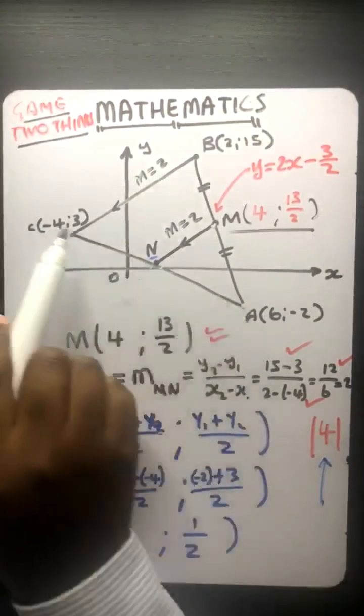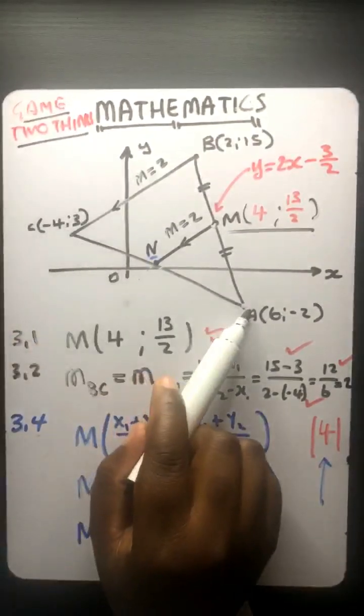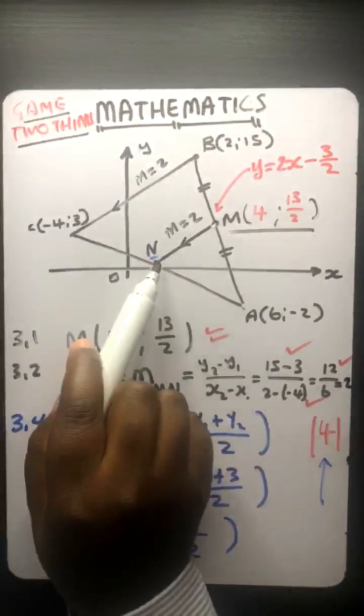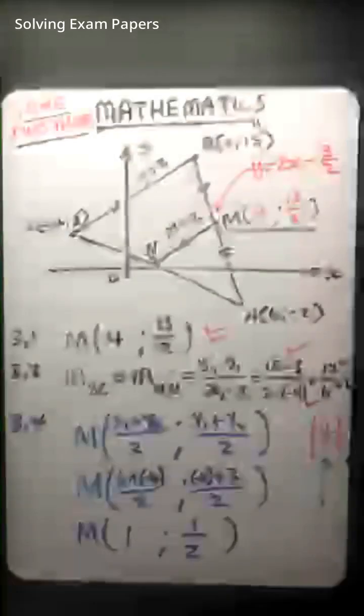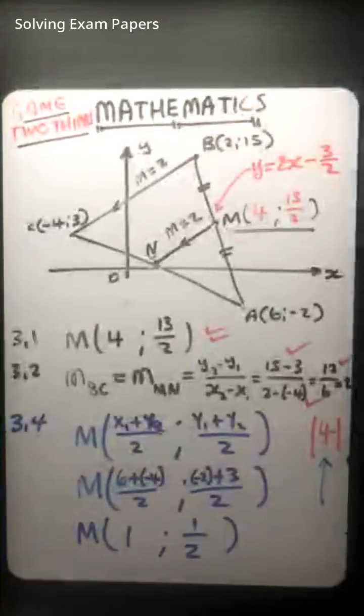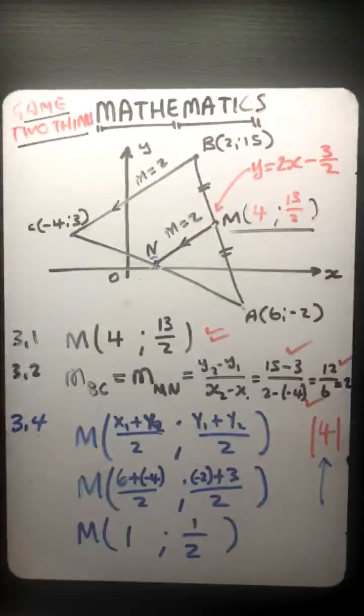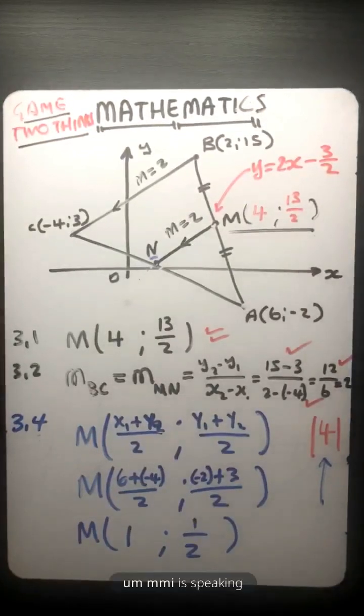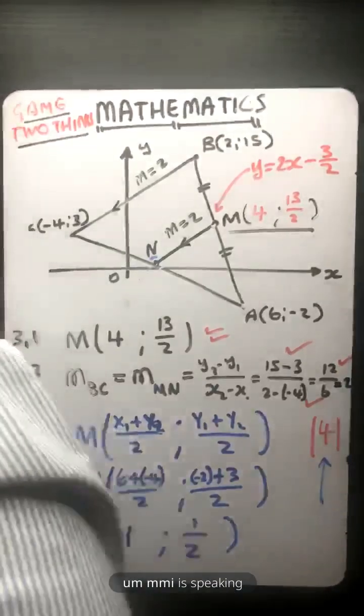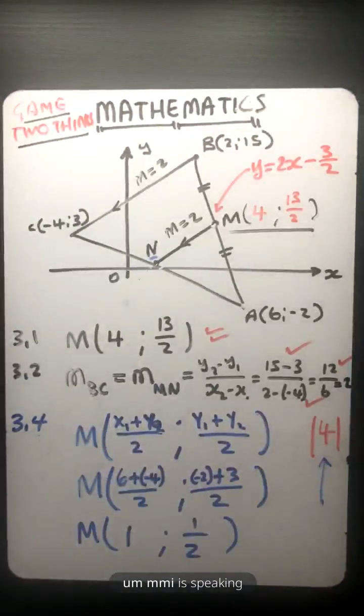So how are you going to use an equation of that line to calculate the coordinates of N? I was just asking if you can use that one line. If it's possible, if you can use P and A.